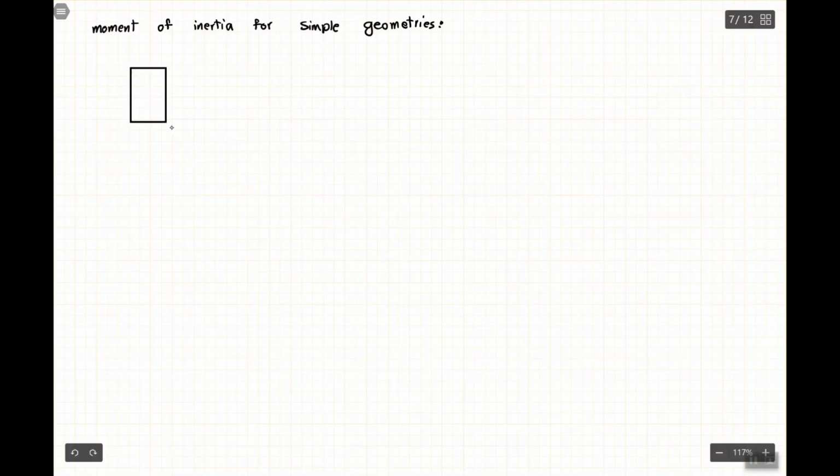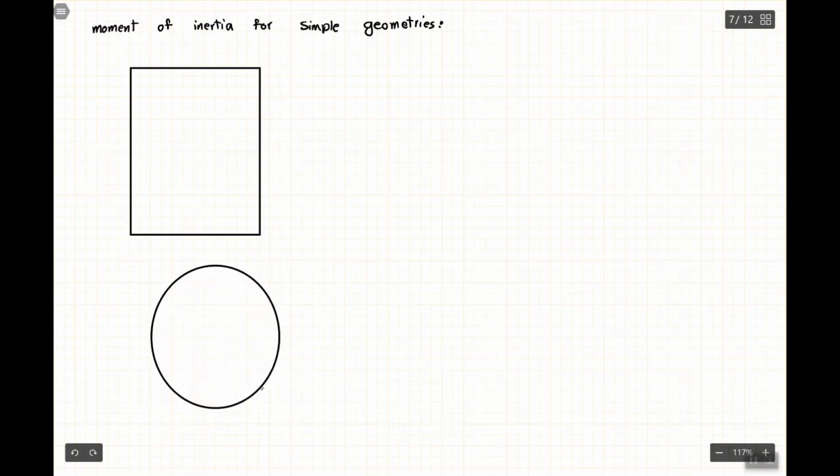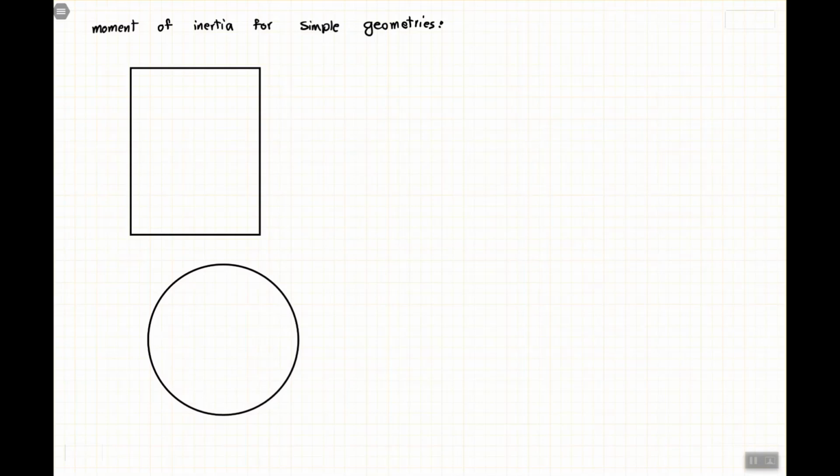In this course, we basically need to know the moment of inertia for a rectangle and a circle. Already we learned that the centroid of a rectangle is here, and a circle same.